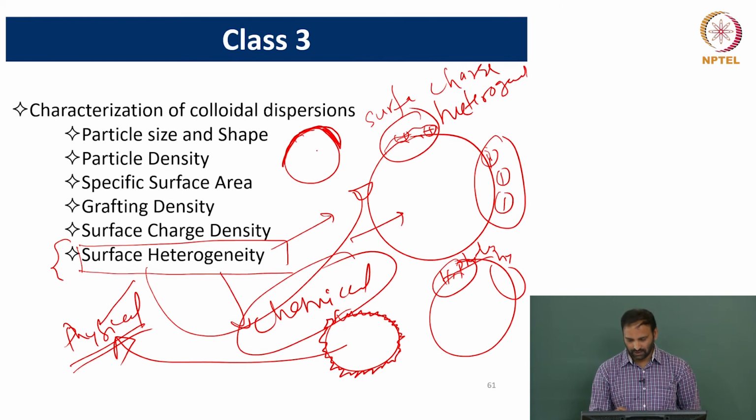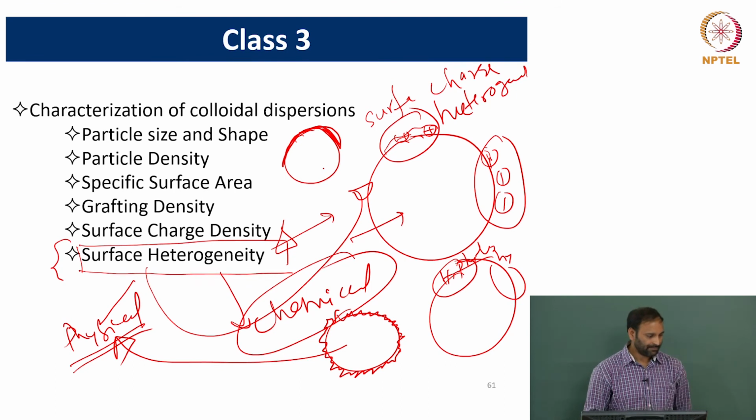Of course, that will come under the case where you have a particle which has a surface heterogeneity. In this case, it's a chemical heterogeneity. So yeah, you can think about particles like that as well.